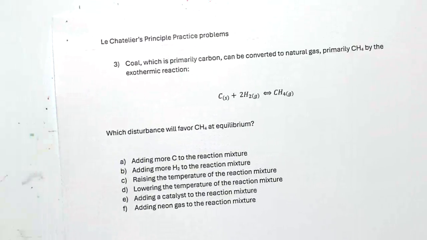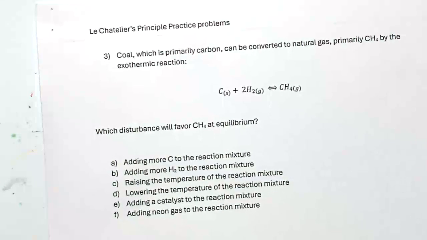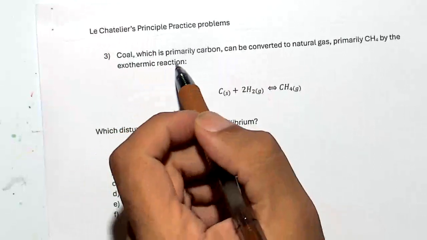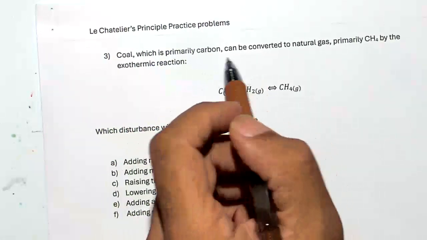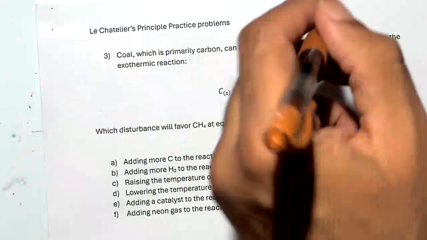All right, let's do one last problem here, just to get the hang of this. What do you guys think about this one here? Coal, which is primarily carbon, can be converted to natural gas, primarily CH4, by the exothermic reaction.